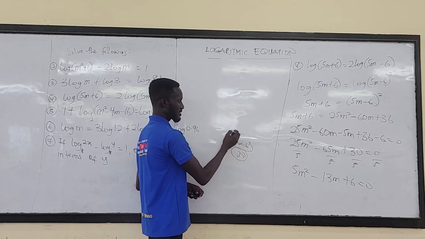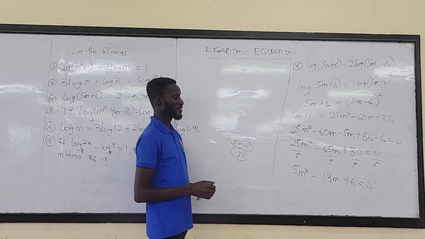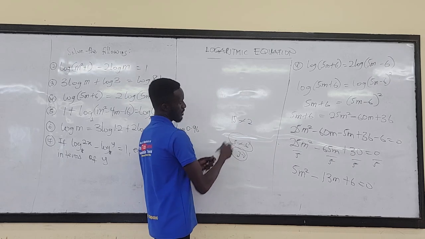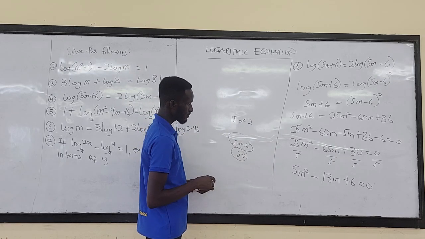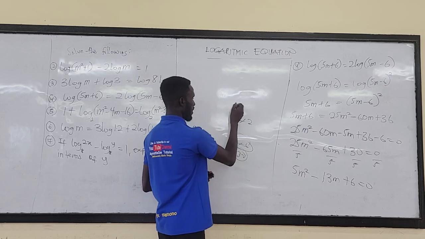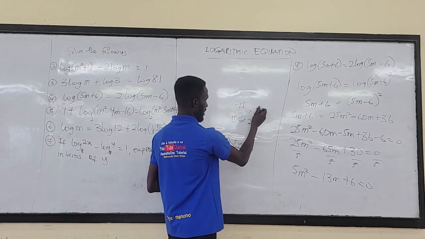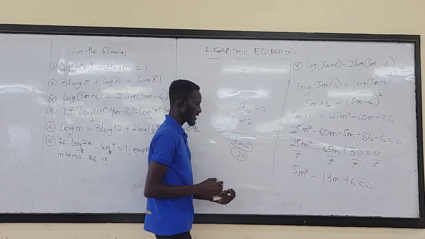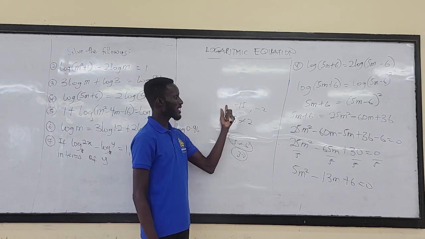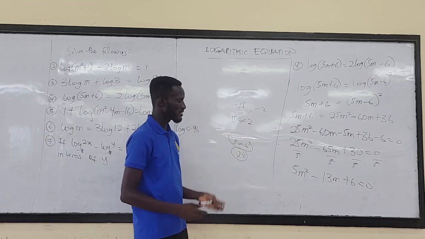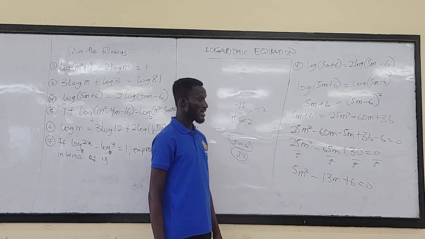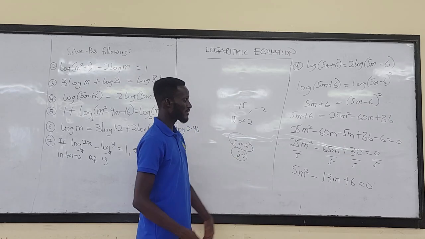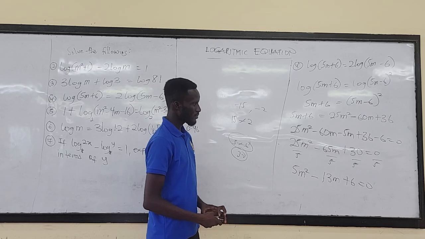Now I have 5 and 6, but when you add 5 and 6, it's going to give you 11. But I'm going to use 15 times 2. You see, 15 times 2 is 30. If this one is negative, and this one is also negative, I'm going to get positive 30. But when I add them, I'm going to get negative 17. But here we need negative 13. That is what you are looking for. So since here is negative, it means all of them are supposed to be negative.